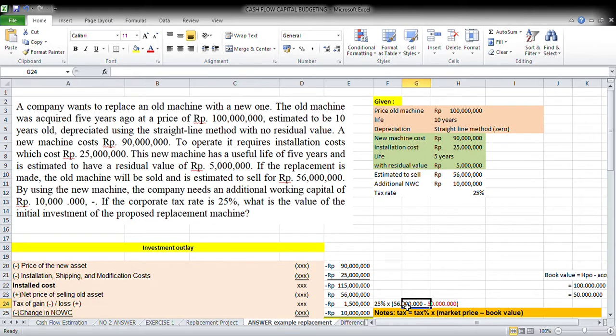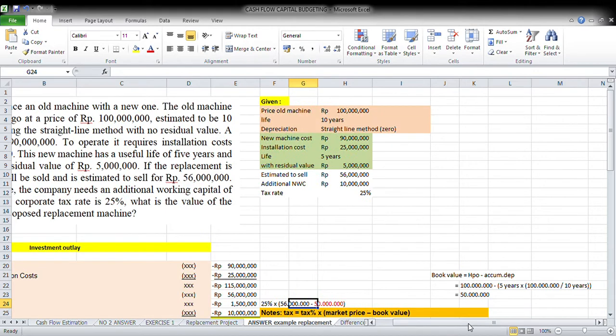we should calculate first for this one. If you want to calculate book value, the step is this one, HPO, or maybe this is the price of the old asset. HPO-nya mesin lama 100 juta minus with 5 years. 5 years is from this one, the life of the new machine, and then times with the 100 million divided by the years of the old machine.